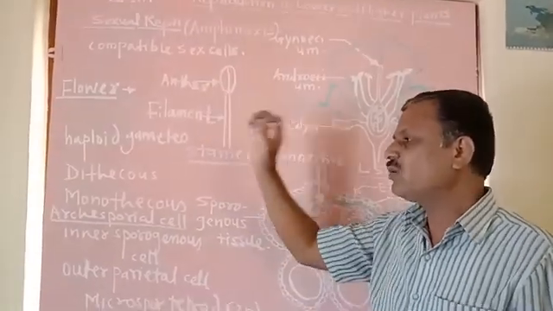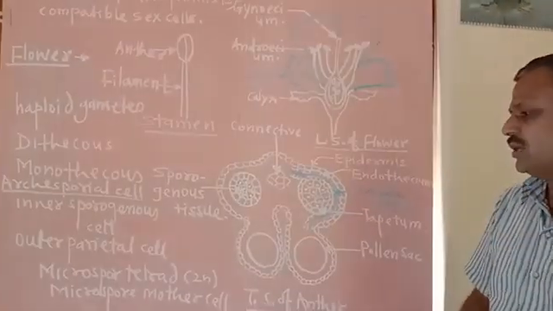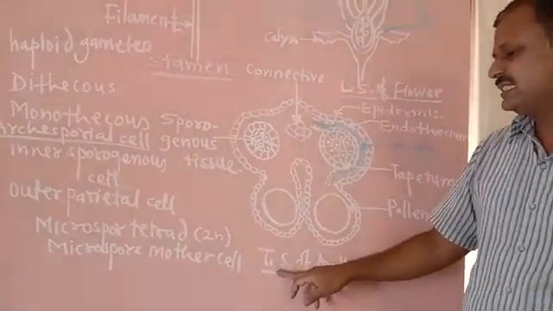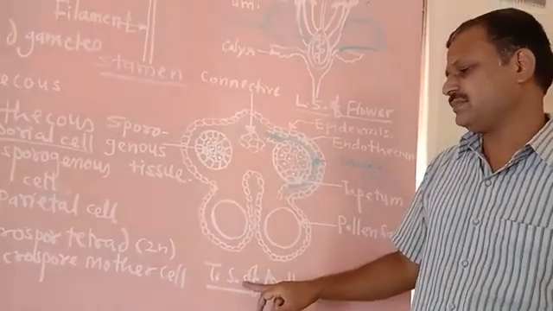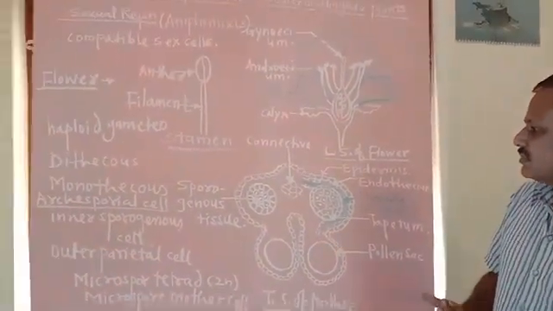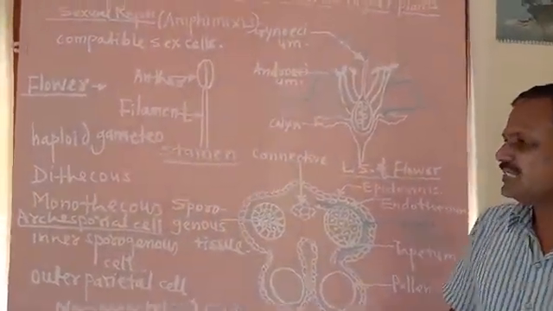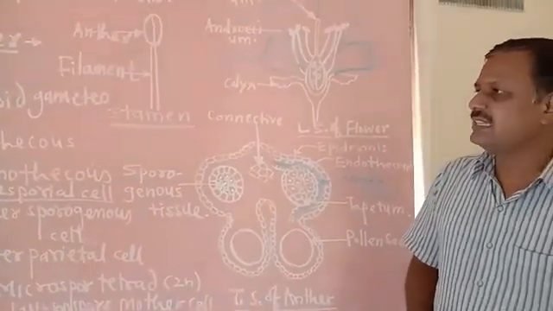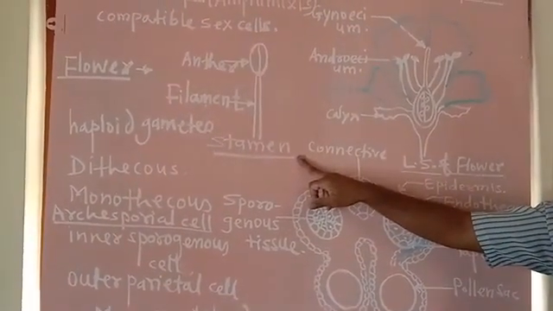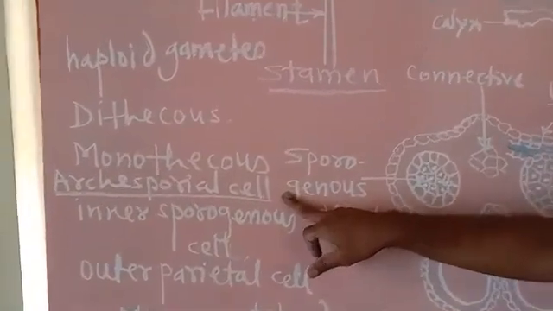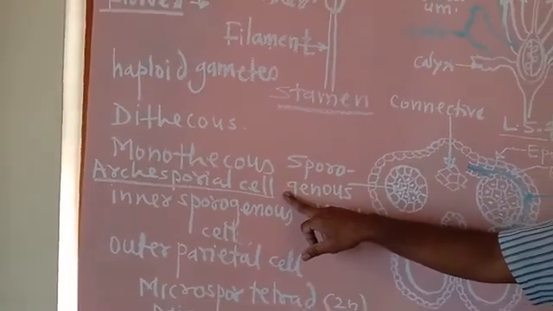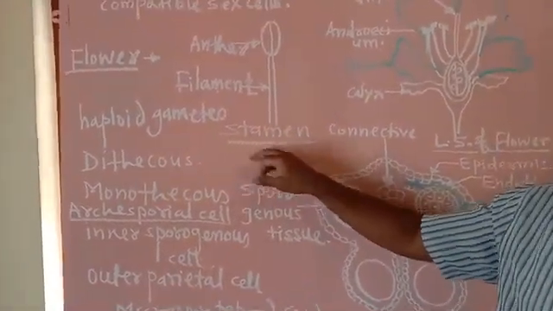Now we are going to discuss the TS of anther. TS means transverse section. Initially the cell which is present in the stamen is called the archesporial cell, which is found in the primordial stamen.